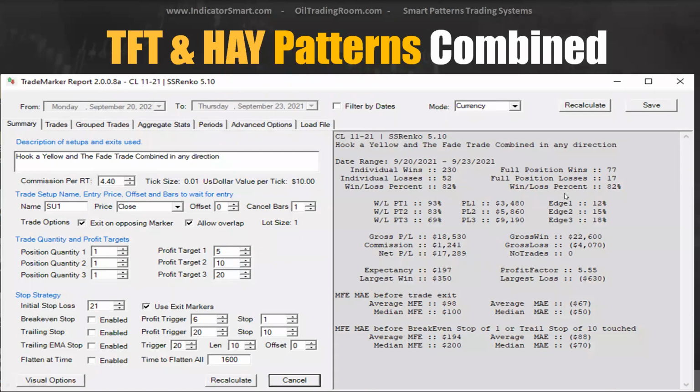This number over here is a metric that I developed called the edge, and that is the amount by which you are beating break even. And actually those numbers alone give me a pretty good idea of how good a system is. Most brick and mortar businesses just operate on an edge of 1 or 2 or 3%.